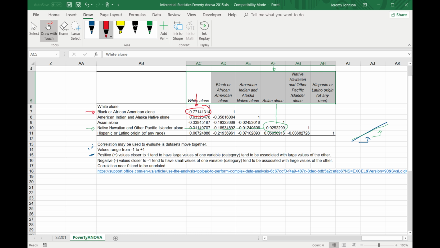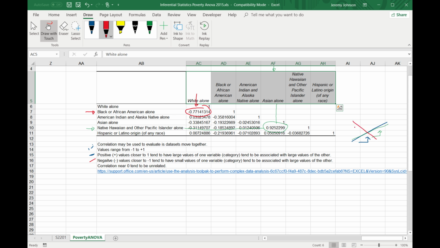If we were doing some cultural, ethnic, and economic studies, especially regarding poverty, because remember this is about poverty, and specifically the data set is about food stamps, right? If you go back to the original data, we recognize that the opposite is true, right? The negative values closer to -1 tend to have small values of one variable associated with large values of the other.